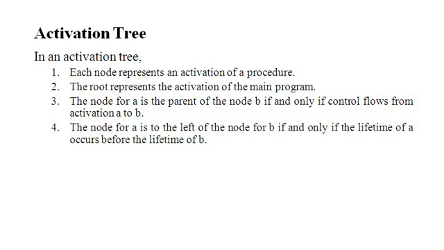The node for A is the parent of the node for B if and only if control flows from activation A to B. And the node for A is to the left of the node for B if and only if the lifetime of A occurs before the lifetime of B.